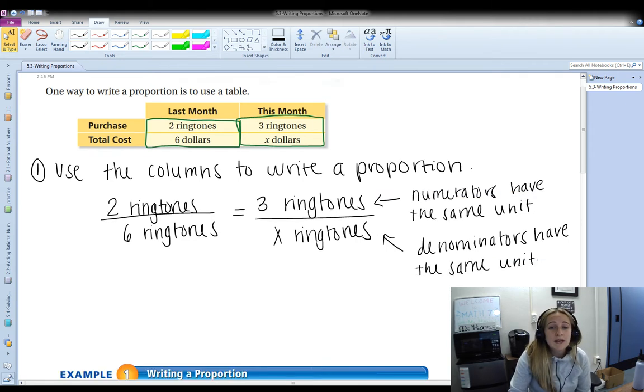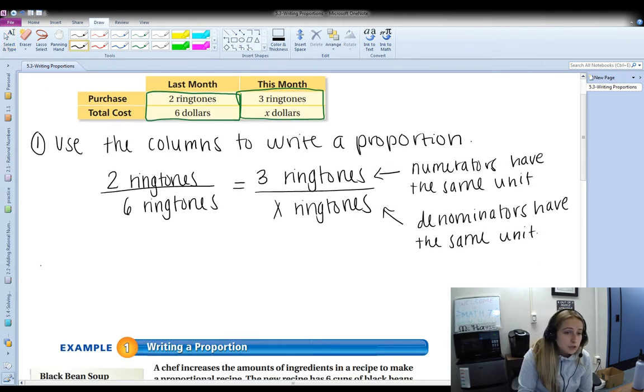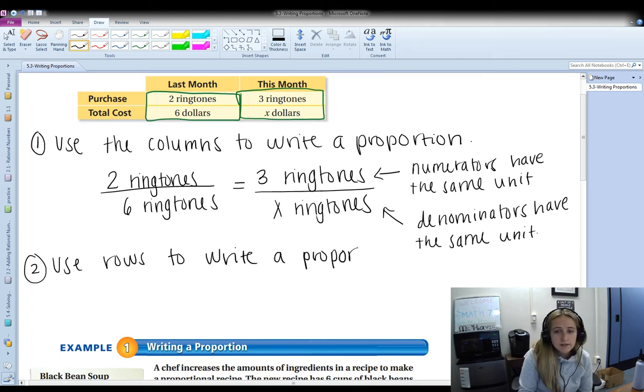Okay, the second way is to use rows to write a proportion. So let's just color code these so it's clear. Remember, with columns, we did these two, like that.